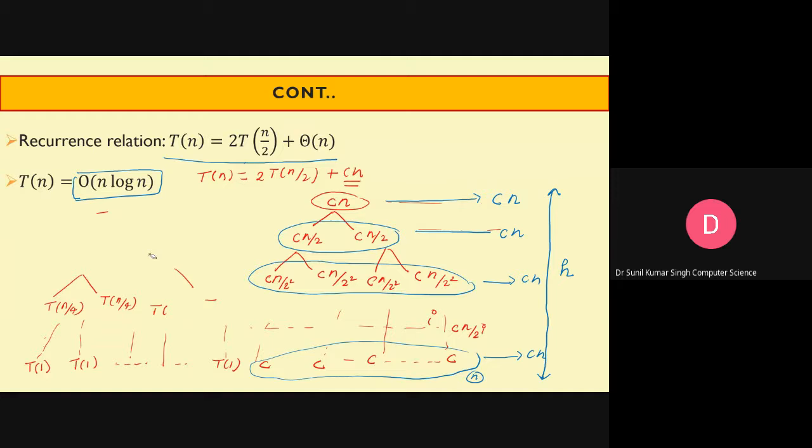So let me erase it, and then we can calculate the height of the tree. Although it is very obvious, it is going to be log n, but this is one of the simplest cases.